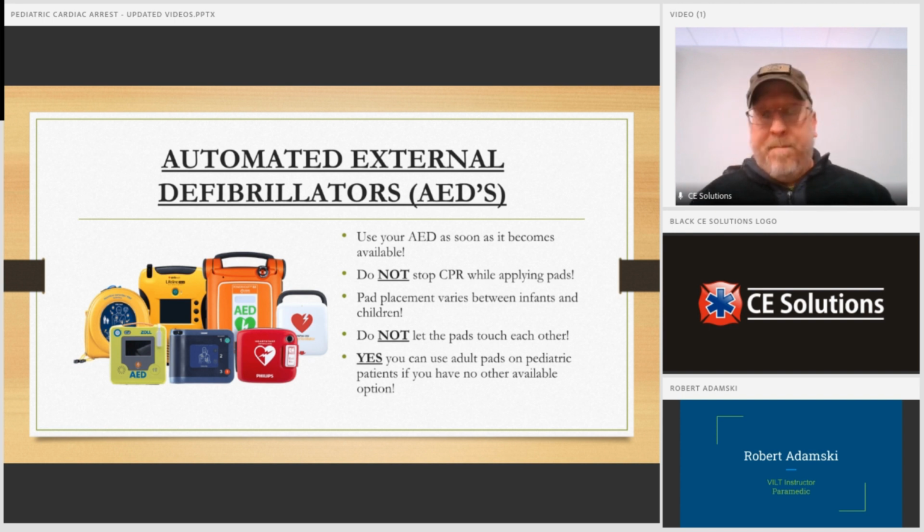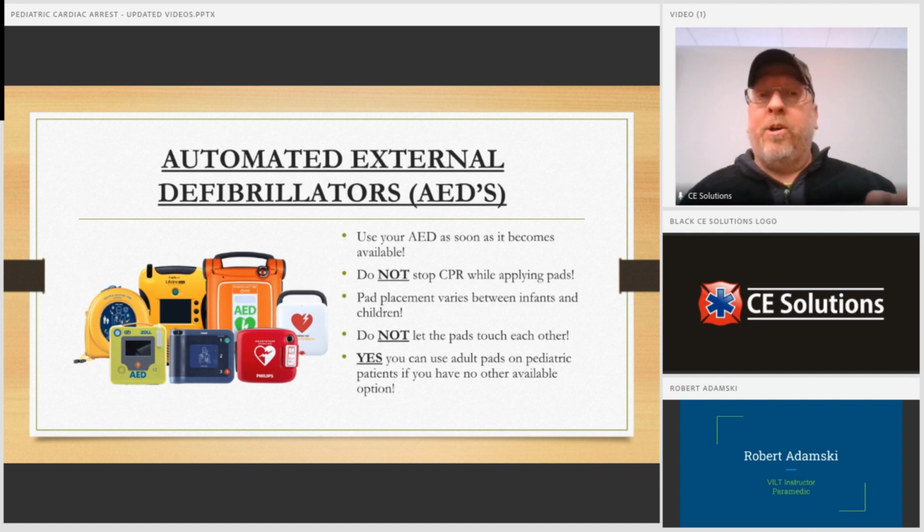Now, some points to keep in mind with defibrillators are that, again, we want to minimize our interruptions in CPR. So when you're on scene, remember, I told you, as soon as that defibrillator is available, you want to use it. Don't wait.